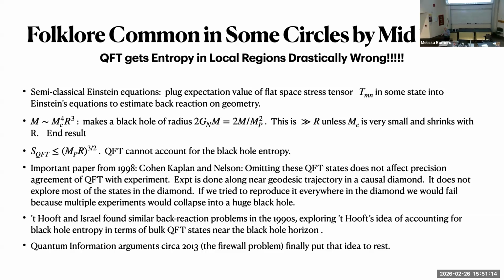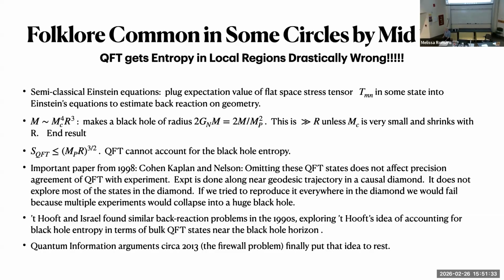When you do an experiment, you've got an apparatus, and that apparatus is traveling along some trajectory in space-time. And you're really only testing quantum field theory along that trajectory.